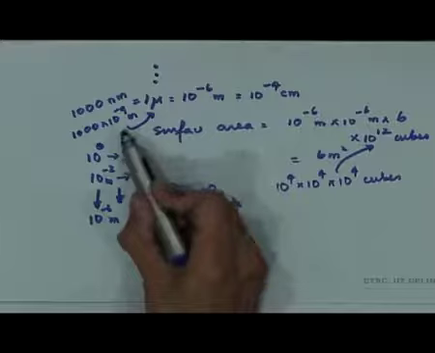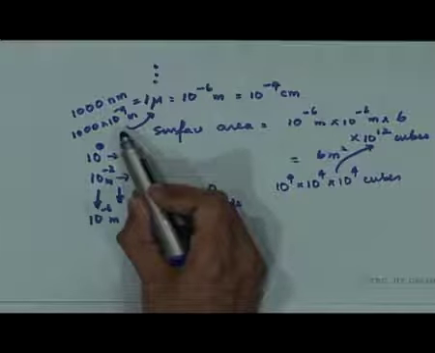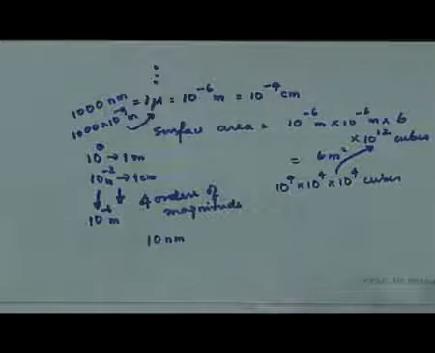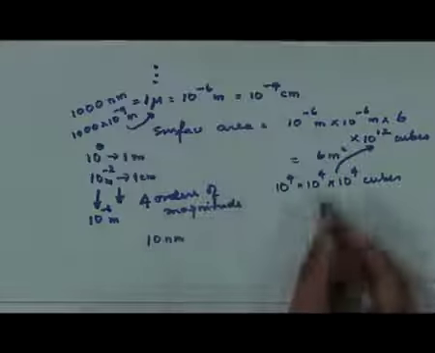So if I went from 1000 nanometers down to 10 nanometers, so I now make cubes which are 10 nanometers across the side. So I have gone down another factor of 2.